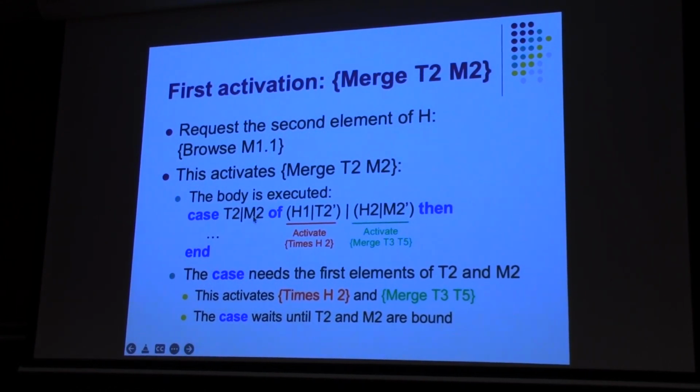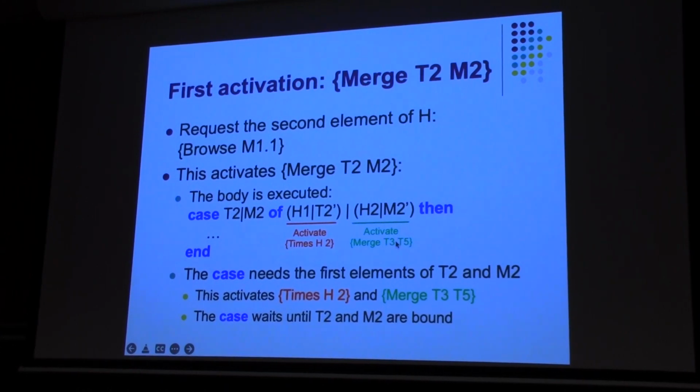And M2 is needed, so here the case M2 of H2 M2 bar will need M2, and this will activate the one that's waiting on M2. So the red and the green suspensions will both activate.